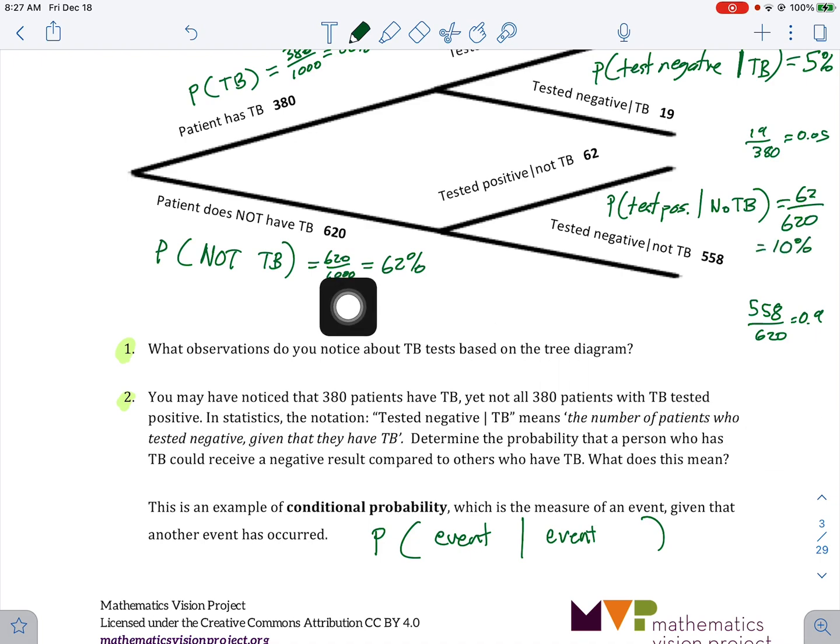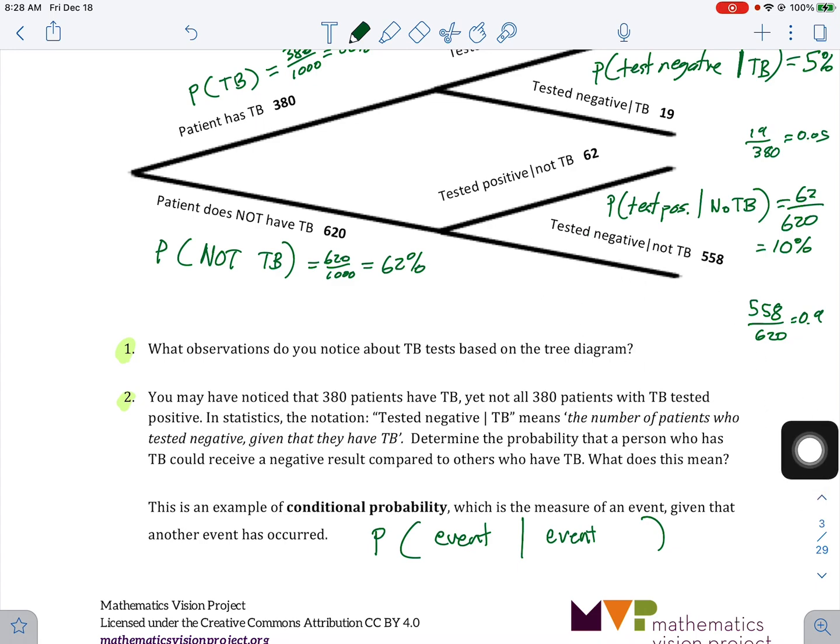So the thing is, you might test positive, but you might really not have it. That'll happen to 10% of those folks. So 10% of the people who don't have it will actually end up testing positive. So that means 90% of the people who don't have it will test negative.